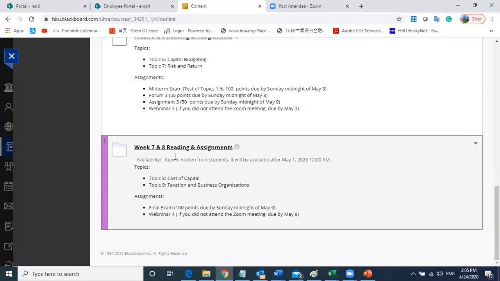Next week we do not have any lectures. This week we talk about chapter 7 and the week reading assignment, two topics: one is the cost of capital, another is taxation and business organization.